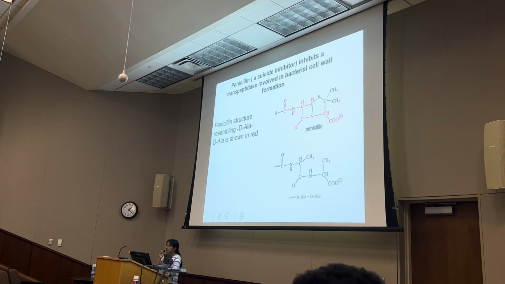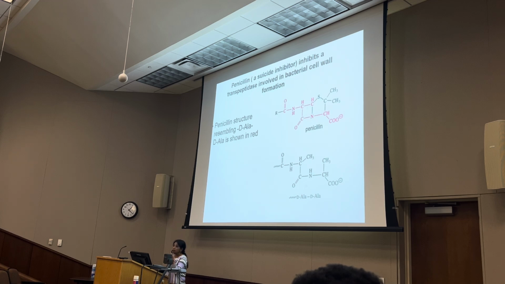Okay? Structural similarity. And so next semester, we'll talk more about the reactive sites of beta-lactam, and how bacteria become resistant to different types of antibiotics like penicillin that have a beta-lactam ring. So we'll talk about that next semester.